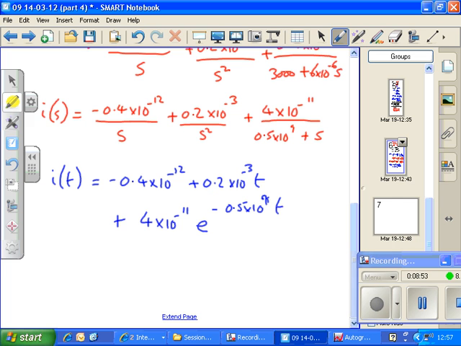So again, we've got a 10 to the 9 up here. It's a huge number. And so any exponential effect is going to die away extremely quickly. If we have a look at this on a graph, we would see that it would go through its transient period extremely quickly and settle down to a steady current.